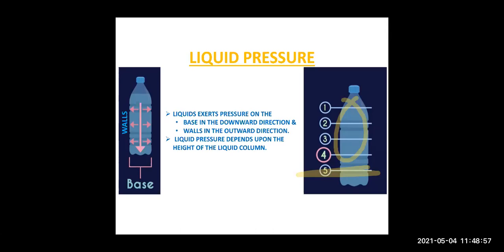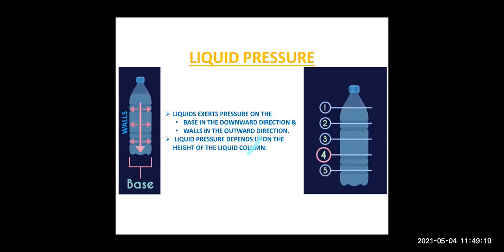So liquid pressure increases with the increase in depth. As you go deeper and deeper, the liquid pressure on you will go on increasing, right? So liquid pressure depends upon the height of liquid, height of water above you, right?